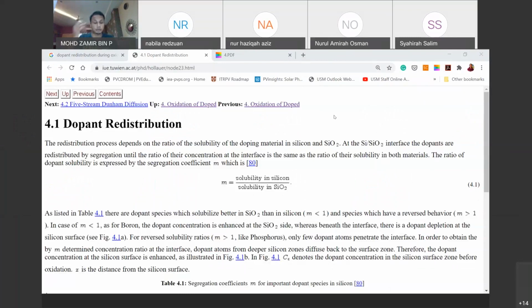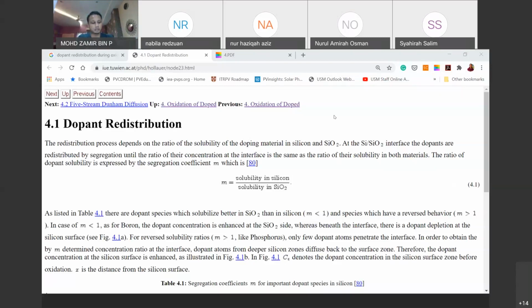The redistribution process depends on the ratio of solubility of the doping material in silicon and silicon dioxide, given by M equals C1 over C2. So at the silicon dioxide interface, the dopants are redistributed by segregation until the ratio of the concentration at the interface is the same as the ratio of their solubility, right?